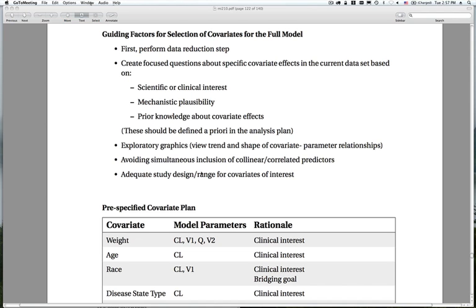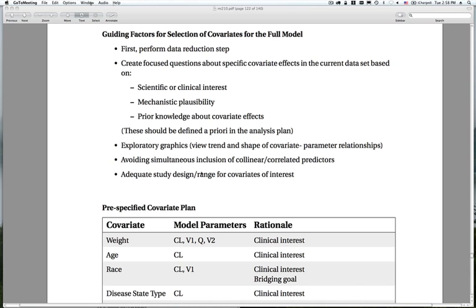Base the covariate effects on mechanistic plausibility, prior knowledge about existing relationships. All of these things can be defined ahead of time with a bit of knowledge about the patient population that you're entering and the particular mechanism of drug action. You should be able to specify those covariate effects for which you're interested in obtaining some inference.